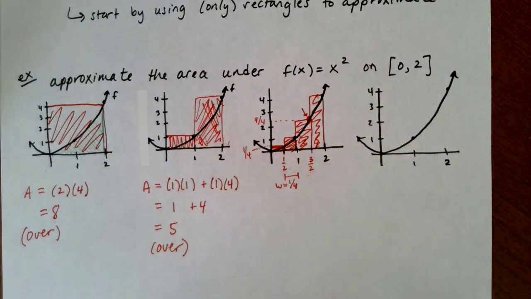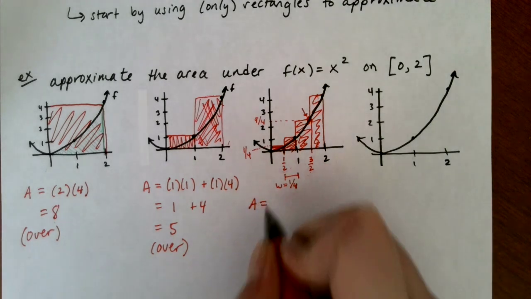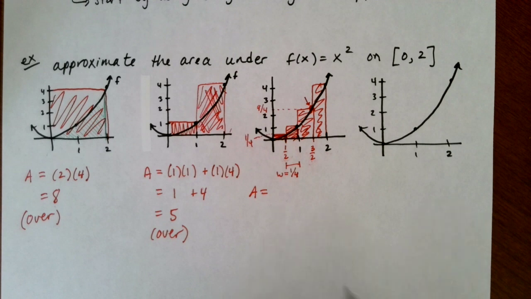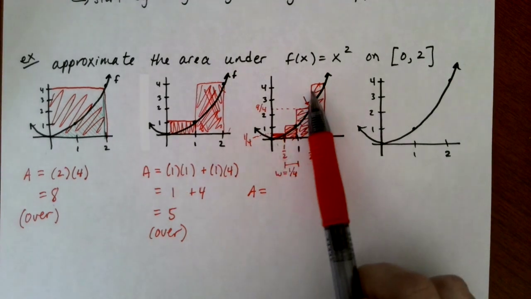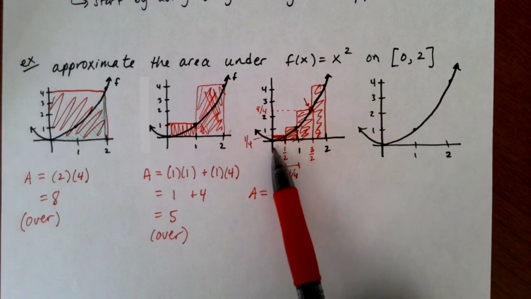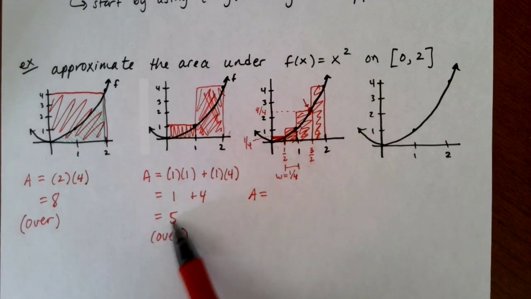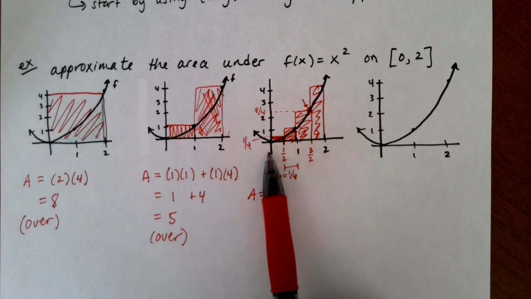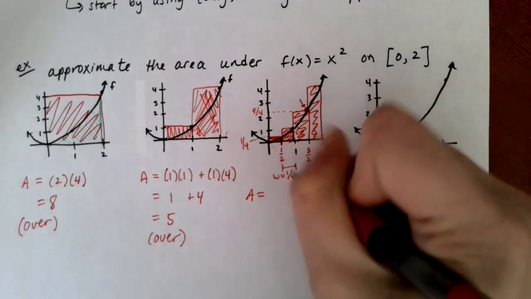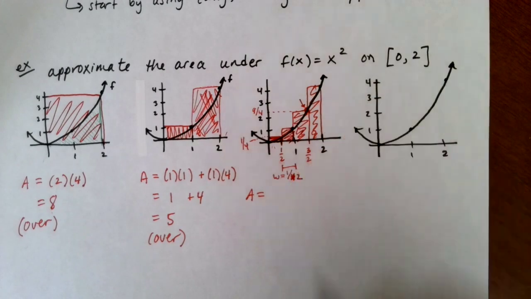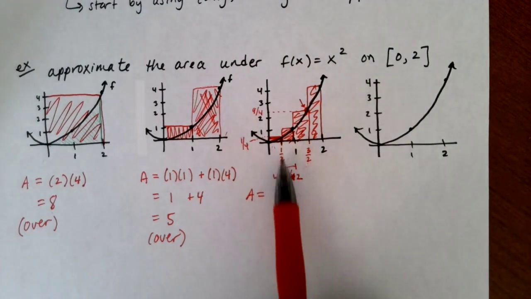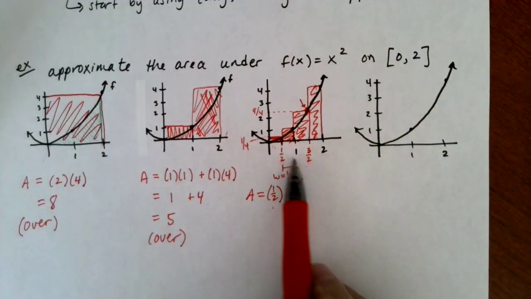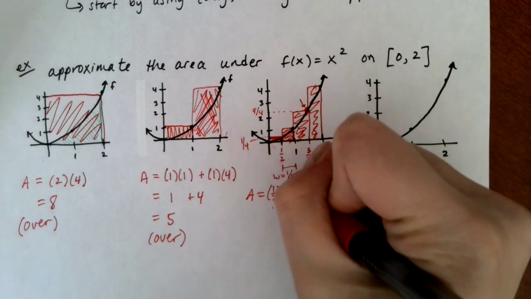Okay, so all together, we're going to add up the areas of these 4 rectangles for our estimate. And again, we can tell it's going to be an overestimate because it has a little bit of extra area in the corners, but it will have even less error than the 8 and the 5. All right, so I have my tiny rectangle first. Its width is, oh, sorry, I said 1/4. This should be 1/2. Its width is 0 to 1/2, so its width is 1/2. And its height is f of 1/2, which was 1/4.